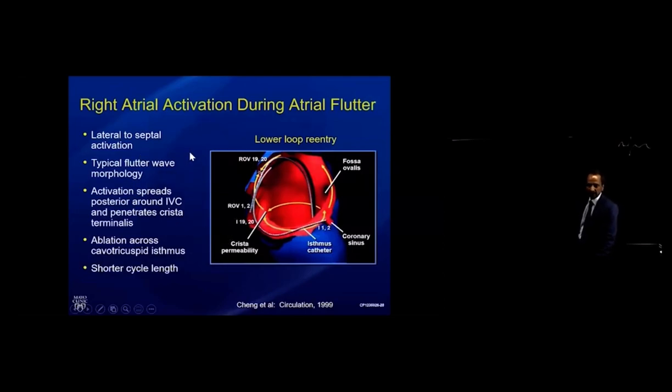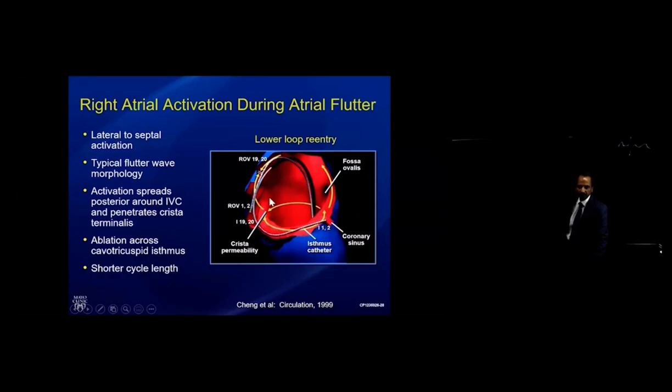Now, one of the questions that came up, and I'll just address it since it has to do with difficulties in flutter ablation, is this concept of lower loop. And if the doctor who sent in this question wants to discuss it in more detail, please do. But the issue of this lower loop is there is myocardium behind the IVC and in front of the IVC.